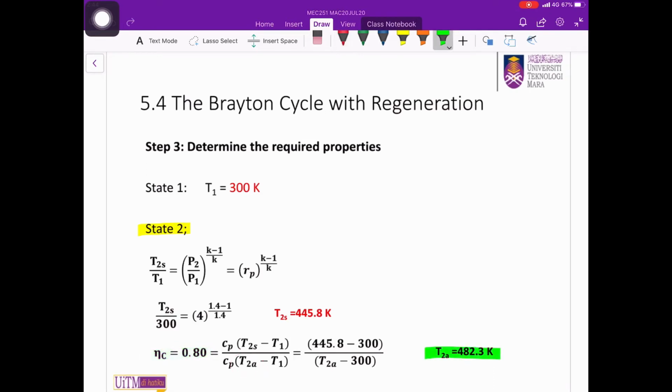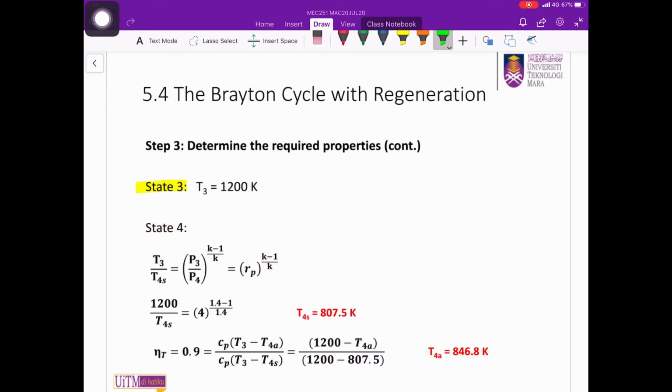The actual temperature at state 2 will be denoted as T2A. Once we substitute all the values and calculate, we get T2A equal to 482.3 Kelvin. For state 3, the temperature has been given from the question, which is equal to 1200 Kelvin.